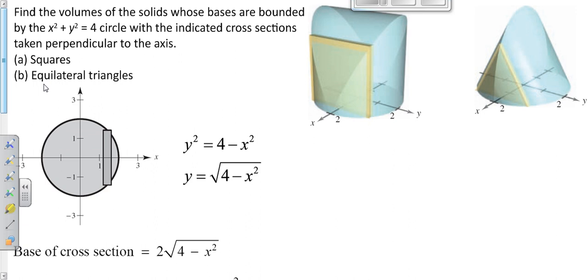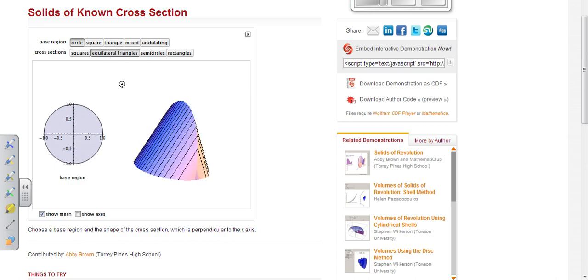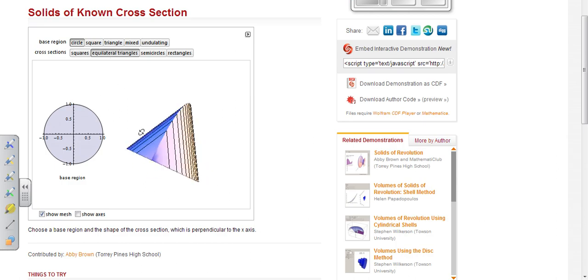We also want to do that when we're dealing with an equilateral triangle, and that's given to you over here. So the length of this edge right here needs to be the length of this edge coming up and the length of this edge coming down. So as we look at that, that shape would be given to you right here.